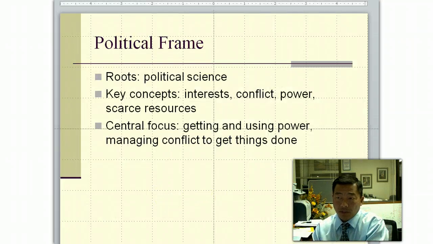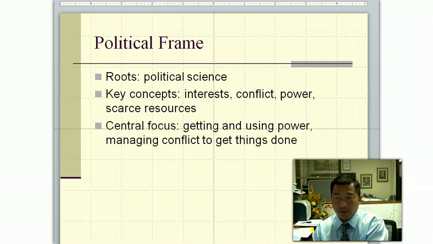The third frame is called the political frame, and it has its roots in, of course, political science. Words that best describe this frame are power, control, jungle, players, cutthroat, survival of the fittest, conflict, scarce resources, and self-interest.